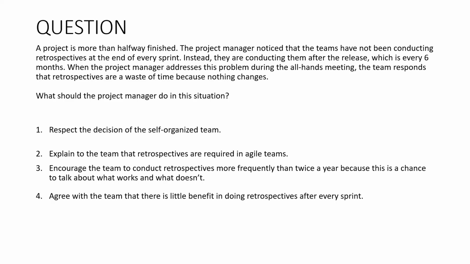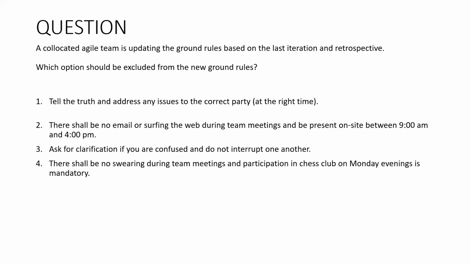Now you can see the question, correct? Okay, this is the same question. A co-located Agile team is updating the ground rules based on the last iteration and retrospective. Which option should be excluded from the new ground rules?